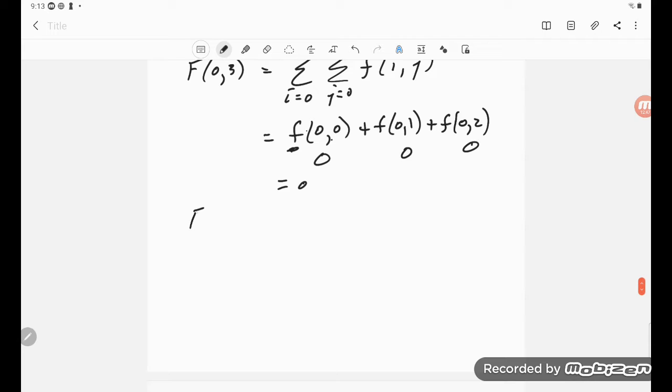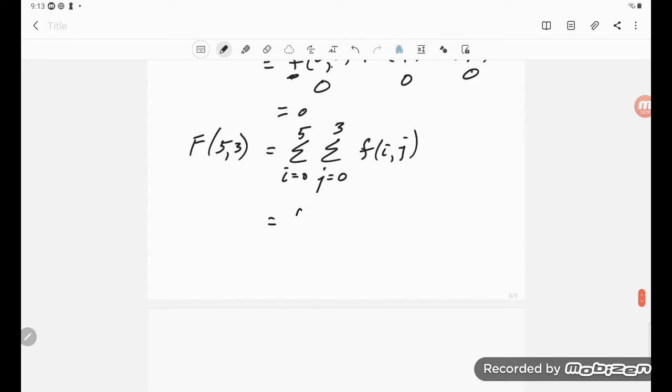Now, on the other hand, if I do something like f of 5, 3, this is the sum i equals 0 to 5, and the sum j equals 0 to 3 of our f of ij.